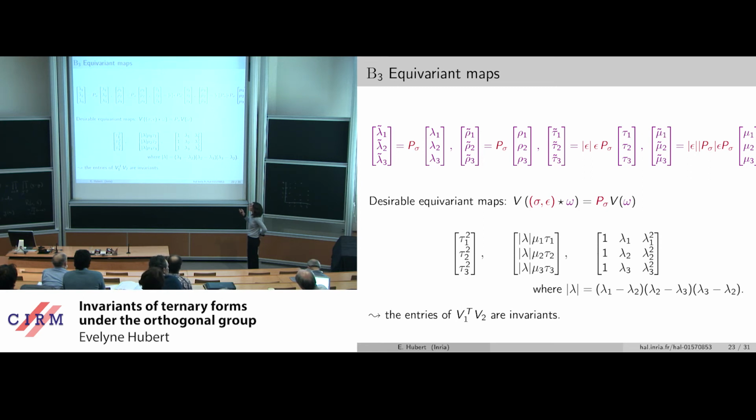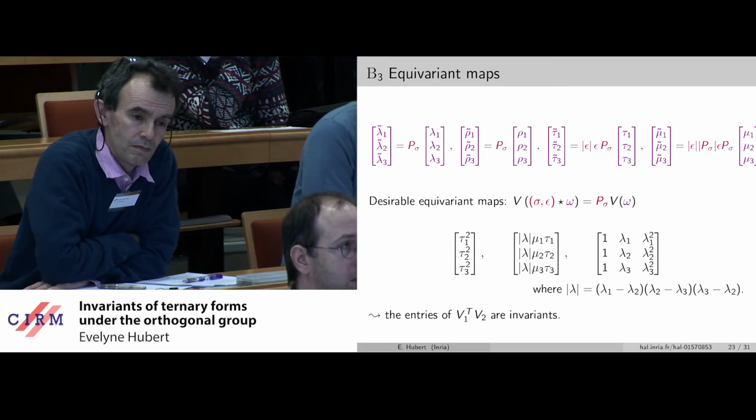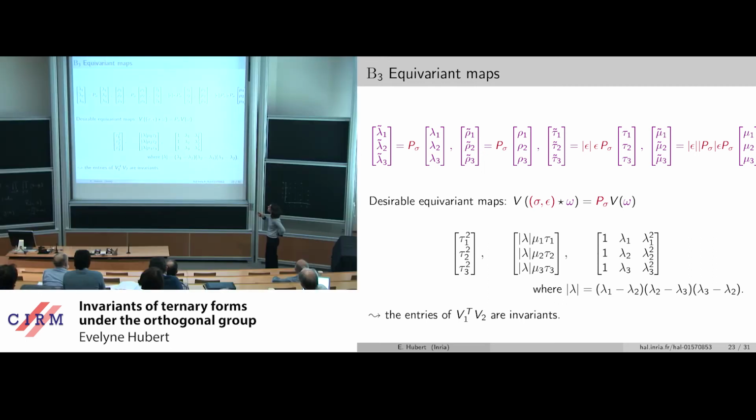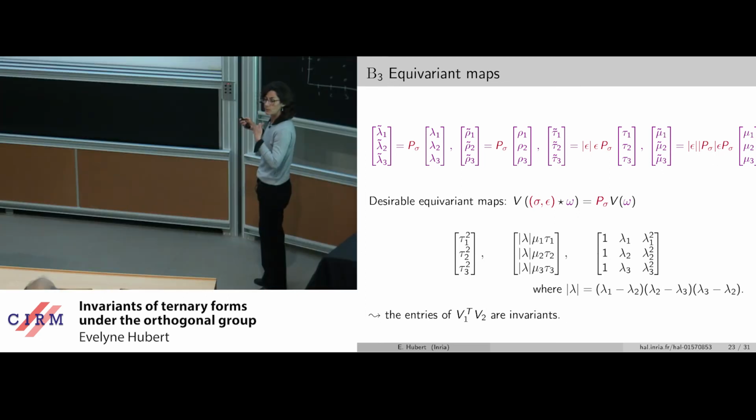For this tau variable, we can introduce the squares, and that will remove the sign change. For this variable, where you have both the signum of the permutation and the sign change, we fix the sign change by multiplying with these variables. And the signum of the permutation we fix by introducing this quantity, lambda bar lambda, which is also the determinant of this Vandermonde matrix, which is also an equivariant map as we want it.